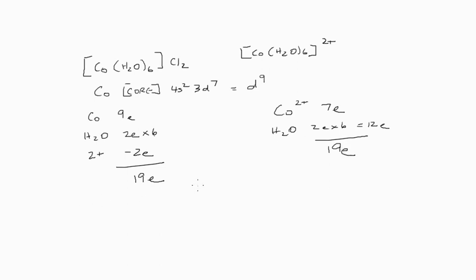An odd number of electrons means that we are talking about a paramagnetic species. That means that it's got an unpaired electron and will respond to a magnetic field. And of course, therefore, paramagnetic compounds do not conform to the 18 electron rule.